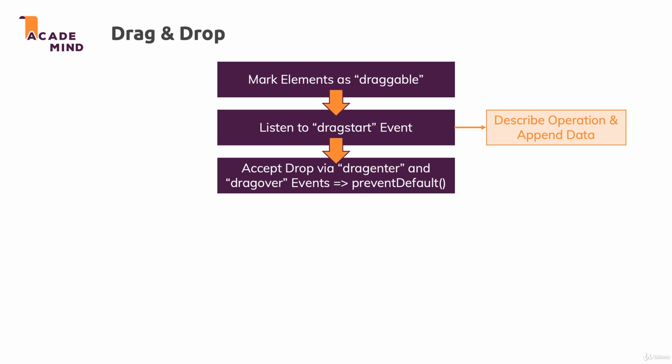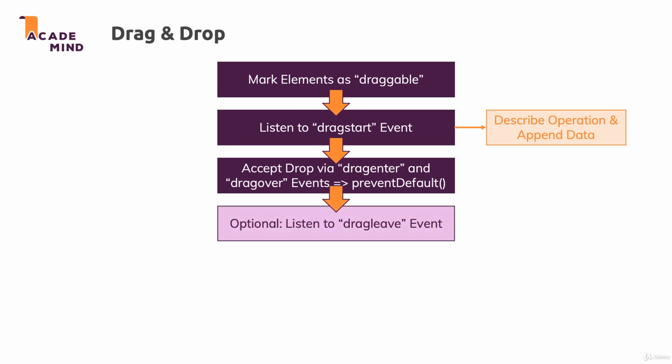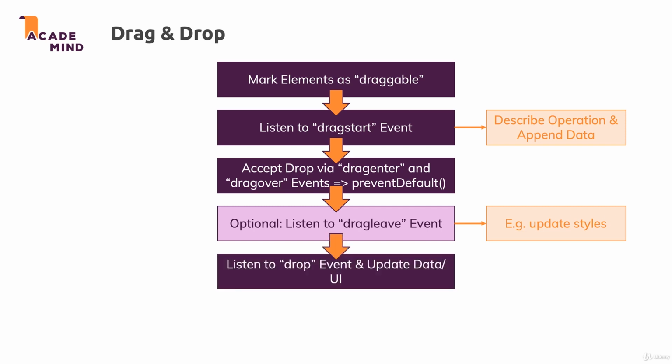Now, before we react to a drop, you can also optionally listen to a drag leave event if you want to update the UI, for example, update some styles when the item is dragged away from the element on which it was dragged over. That is optional. Not optional, at least if you want to do something upon a drop, is that you listen to the drop event on the same element where you listened to drag enter and drag over.